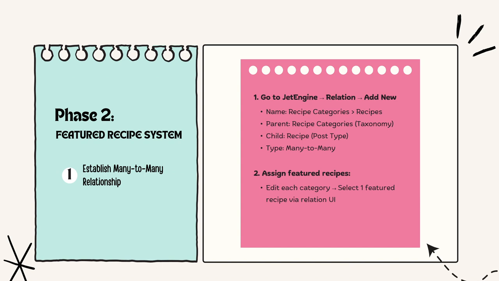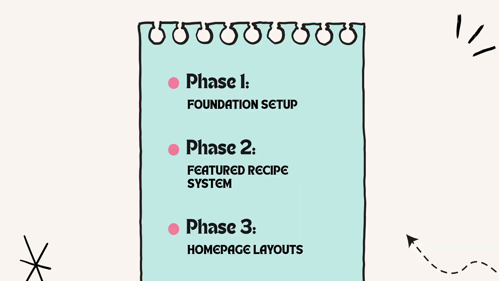So I figured out a way to make a recipe featured of a category. And in phase three, I had to show the category listings in the home page, right? Okay, so let's start from phase one.